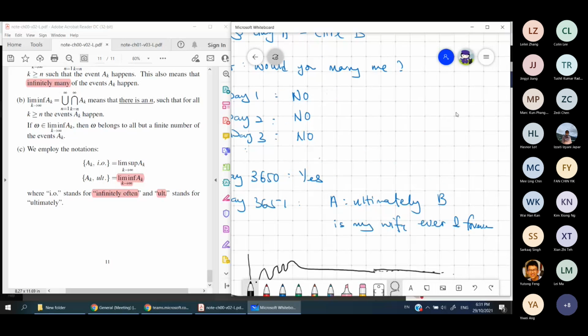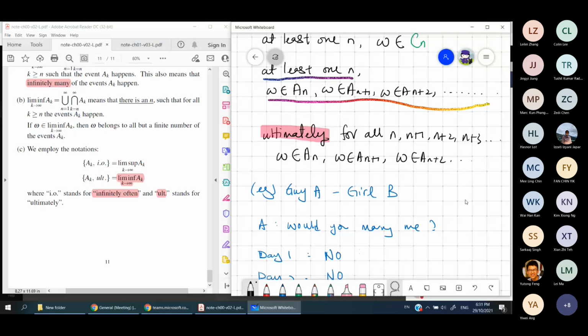Just a question though: if I change the k into time, isn't that infinitely often? Like it keeps happening? Yes, but we don't know when. Ultimately means after a while, that means after n.